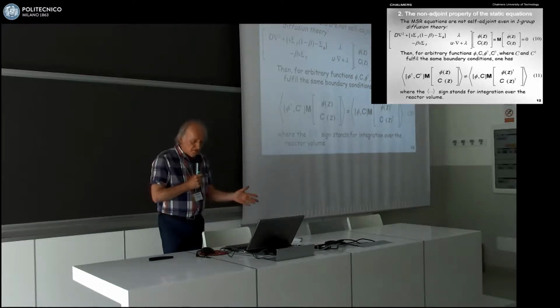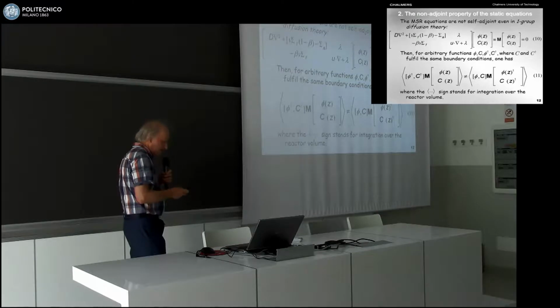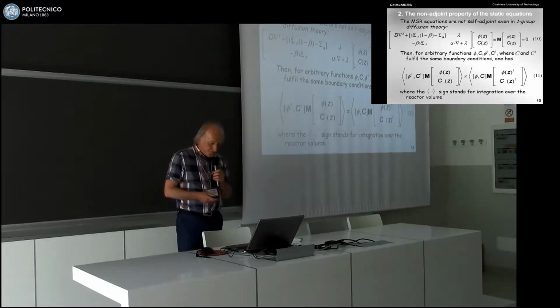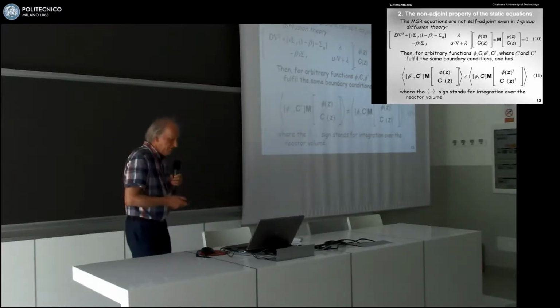Now, what I told you is that I'm not going to go into the details, just give you the outline: one can very easily show that the condition for the problem to be self-adjoint is this.